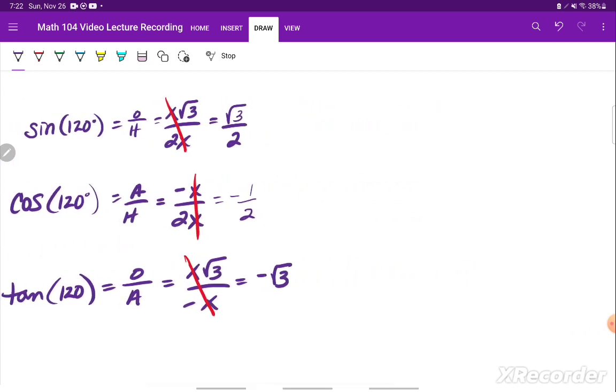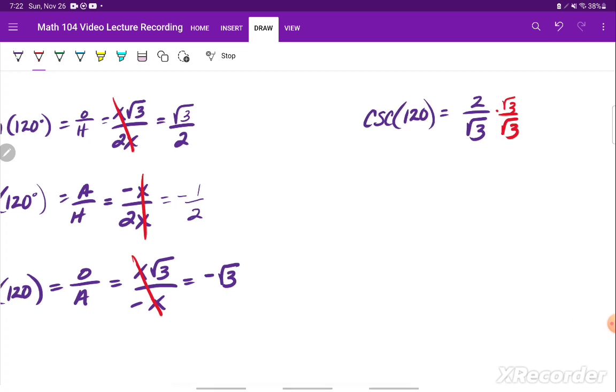We'll find our other 3 trig functions by doing the reciprocal of these 3. Cosecant is the reciprocal of sine, so cosecant of 120 degrees, that's going to be 2 over square root of 3, which rationalizes to be 2 square root of 3 over 3.